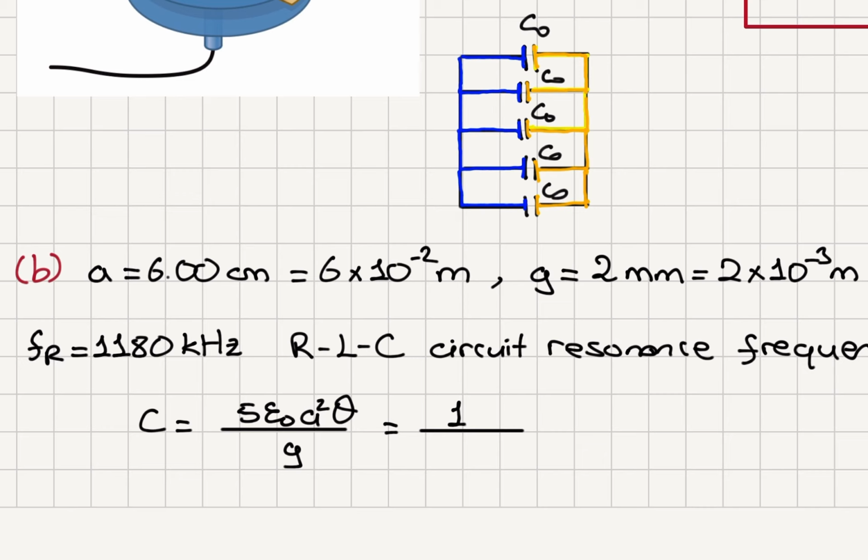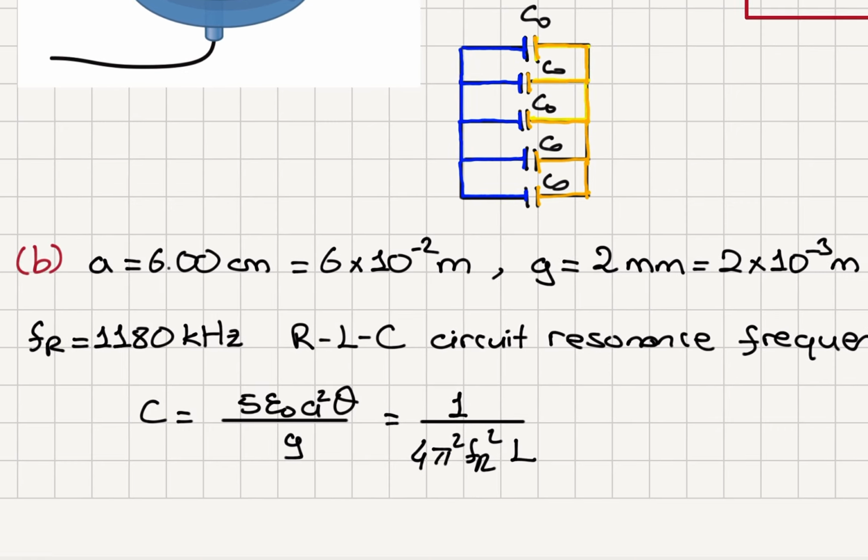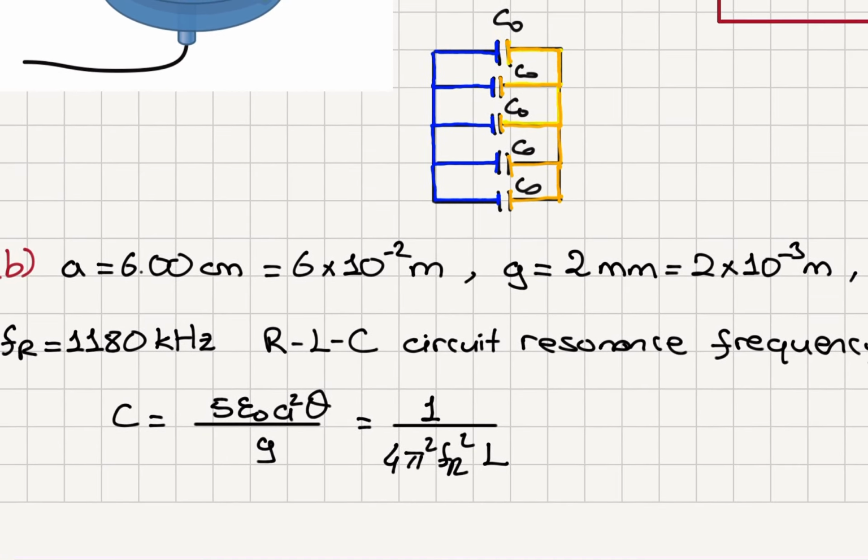So this is 1 over 4 pi square FR square, which is angular resonance frequency square times L. So this is telling me that omega square is 1 over LC, or omega is 1 over square root LC. That's equivalent to saying XL is equal to XC, omega L is equal to 1 over omega C at resonance.